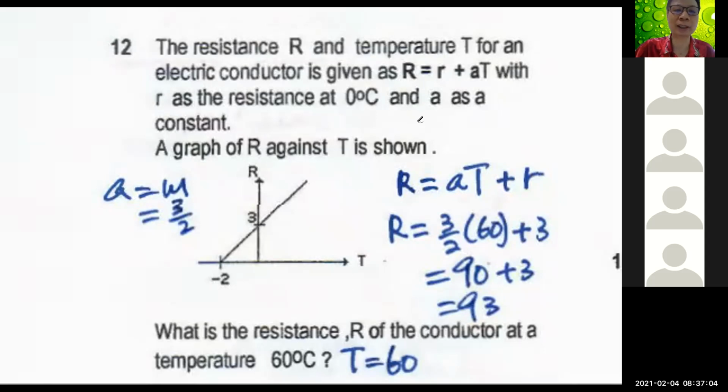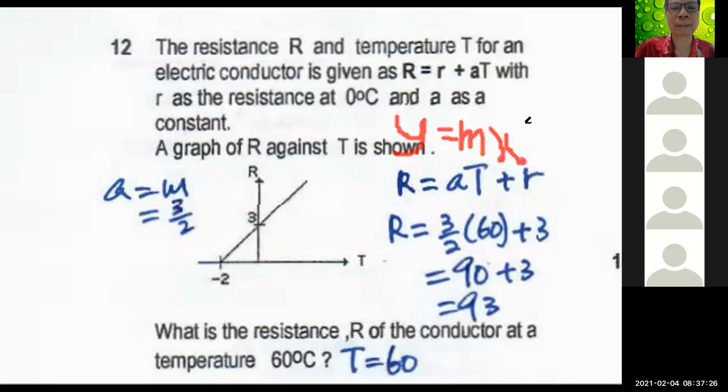Using the formula given, you can see from here that y is R, m is A, y equals mx plus c. This one is already given in the format, this is y. Always remember, y equals mx plus c.